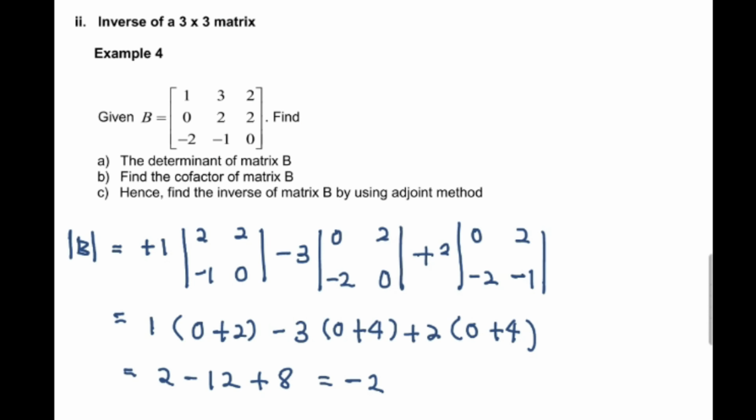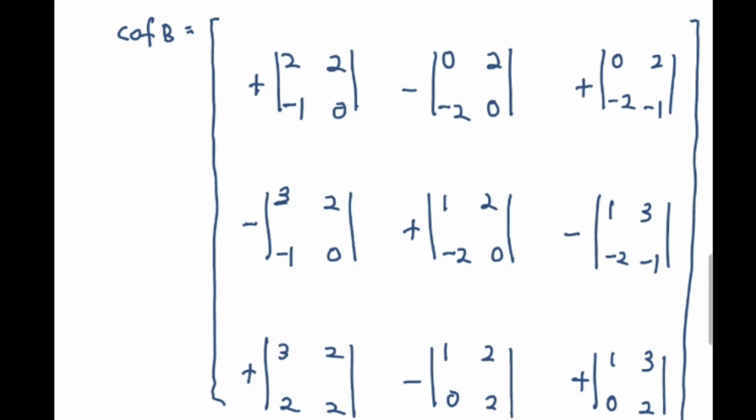The last question, they ask to find the inverse of matrix B by using the adjoint method. Okay, as you have learned before, B inverse by using the adjoint method, the formula is 1 over determinant of B times adjoint B. So what is adjoint B again?